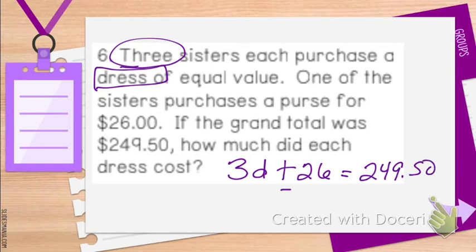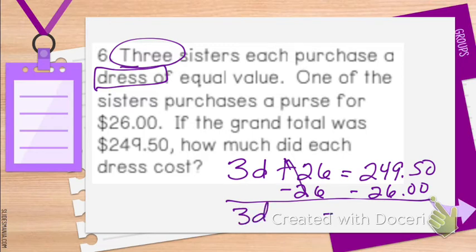Well, let's get rid of the 26 because that's going to leave us with only the amount that was paid for the 3 dresses, okay? So 3 dresses have a total of $123.50. So now we just need to divide that by 3. Did I have that subtraction right? Oh, $223. Okay.